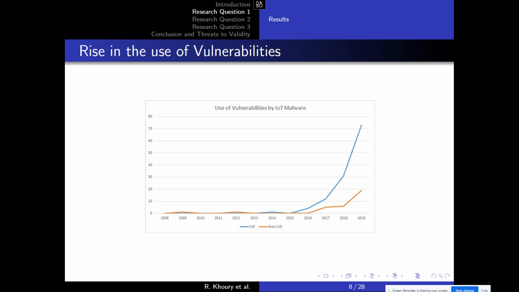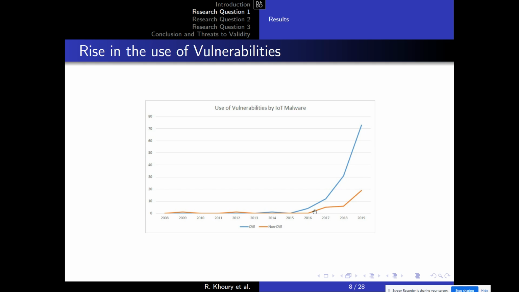There are two conclusions we can draw just looking at that graph. First, in recent years, there's been a sharp increase in the use of vulnerabilities by IoT malware. The earlier IoT malware really preferred credential attacks, brute forcing credentials or credential dictionaries. There were a few that used mostly non-CVE vulnerabilities.